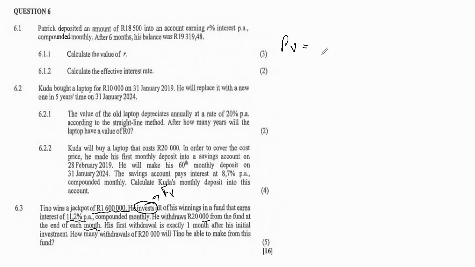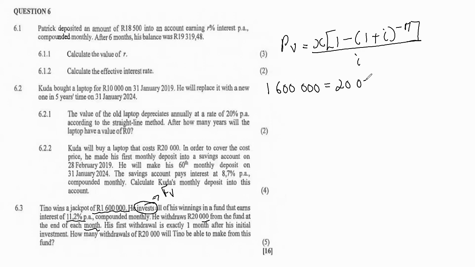Okay, so present value, x, 1 minus 1 plus i to the exponent of negative n, and then over i. So present value, that's the money that he invests into the fund. And then x, the monthly deposit, or the monthly withdrawals, meant to say, that he makes.